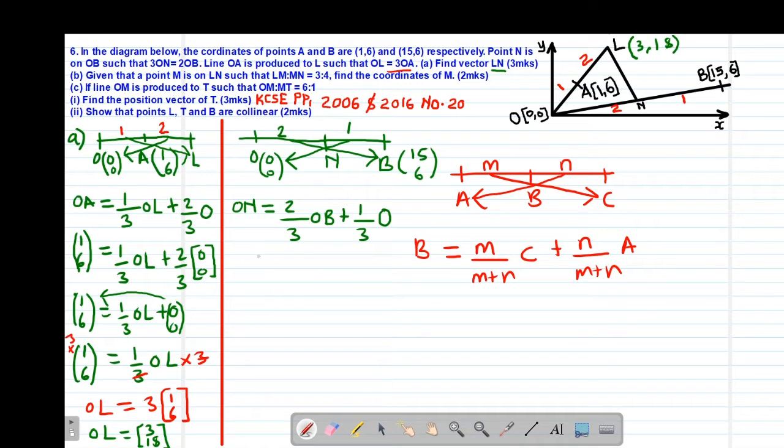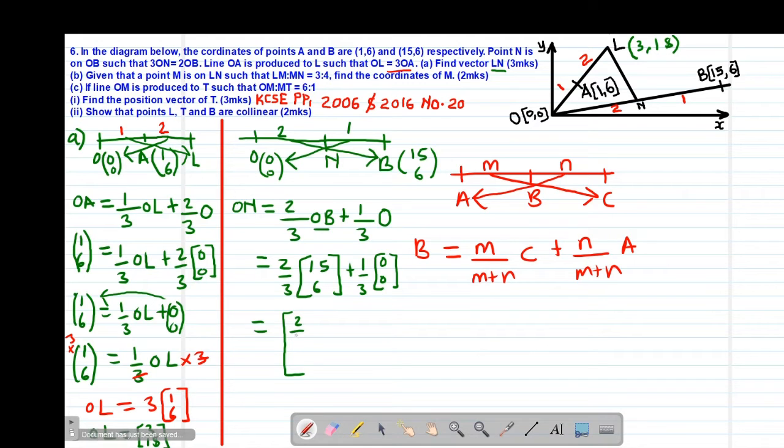So it means that ON will be equal to 2 over 3 into OB. OB simply means the coordinate of point B, which is 15, 6. Then you are going to add a third into the coordinate for the origin, which is 0, 0.